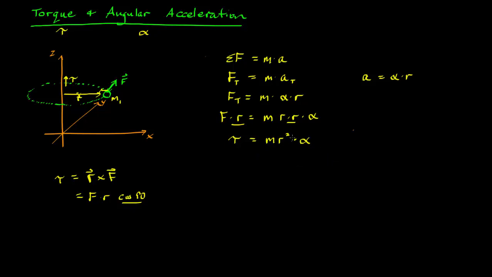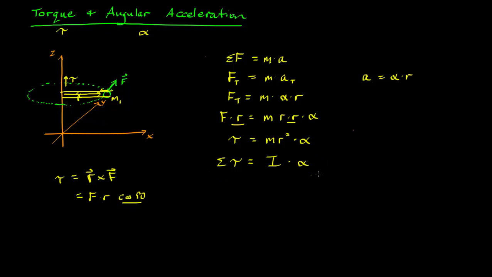Okay, so you should recognize this. This is the inertia of a point mass. If I had a whole bunch of them, I could sum them up. Or if this were a solid object, like a rod or something, then it's just the inertia. And if I have multiple forces, maybe I can just generalize this to the net torque is going to be the rotational inertia times the angular acceleration.